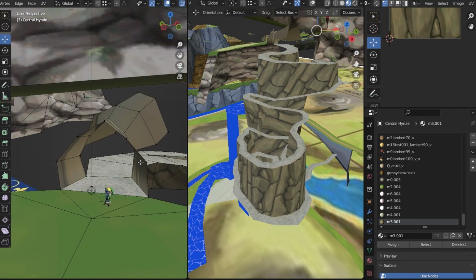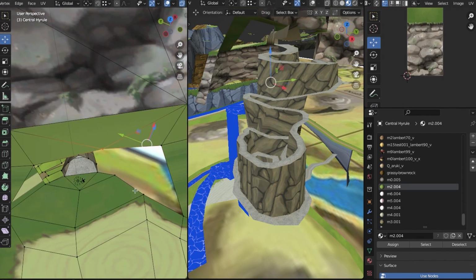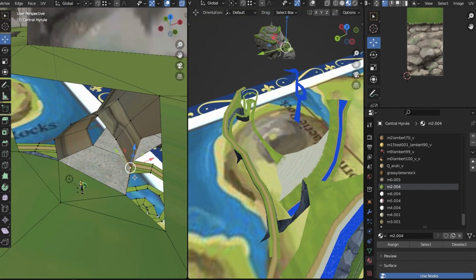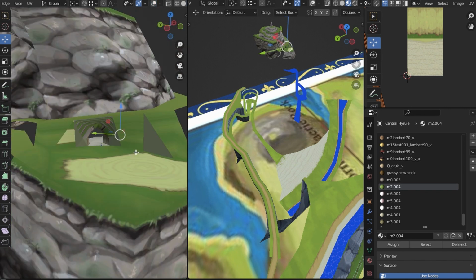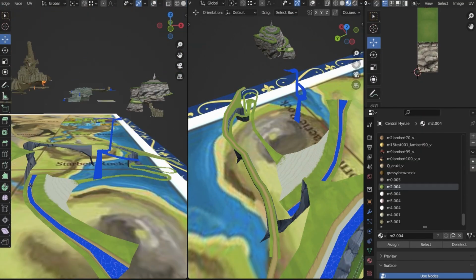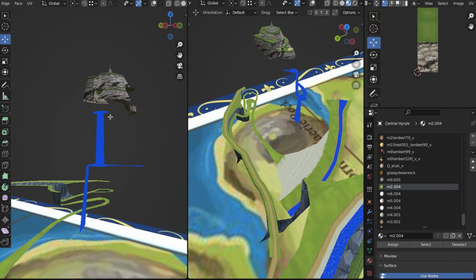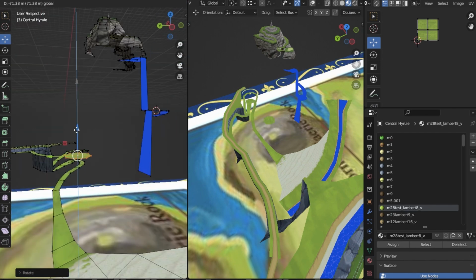Just to talk about some of the other modeling progress that we're doing, I want to draw attention to the mountain. I had a little bit of work done on the hilltop around the Thorned Fairy Island, but I wanted to completely redo it and reapproach it, and I got a lot of progress on it.